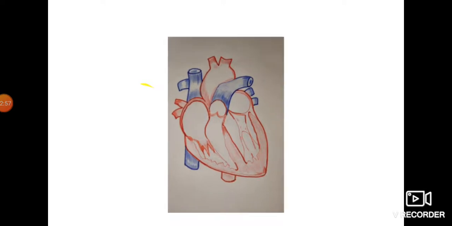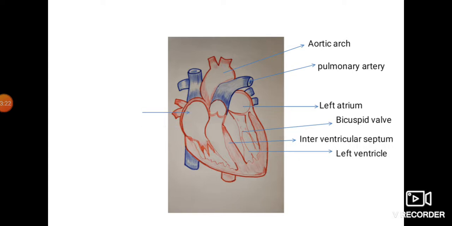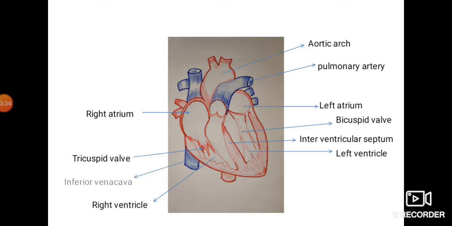The diagram: left atrium, left ventricle, bicuspid valve, pulmonary artery, aortic arch, interventricular septum, right atrium, tricuspid valve, right ventricle, inferior vena cava, right pulmonary artery.